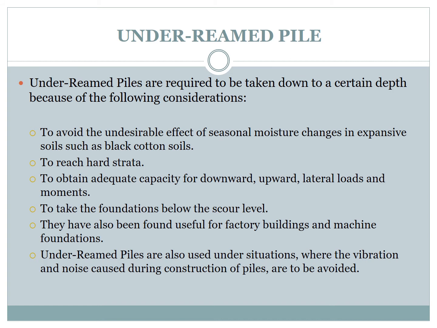The first is to avoid the undesirable effect of seasonal moisture changes in expansive soil such as black cotton soil, where winter, rain and summer affect the subsoil property. In that case, under-ream pile is used.